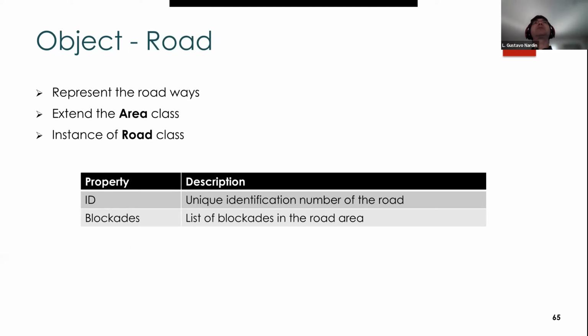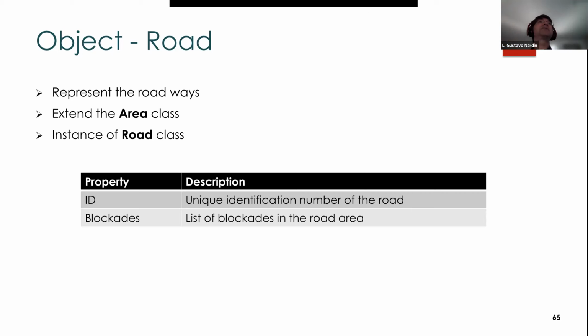In addition to the building, we have the road. A road has a unique identifier, but as a property, it just has a blockade. So on top of a road, it is only possible to have a blockade. A building has more properties like floors, total area, and other things.